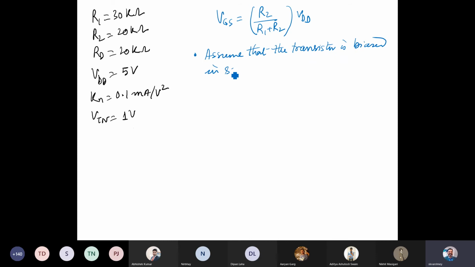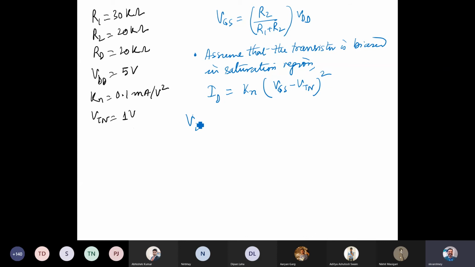biased in saturation region. Right, if it is biased in saturation region, you just apply ID equals Kn (VGS minus Vtn) squared, and find out the current using that equation.